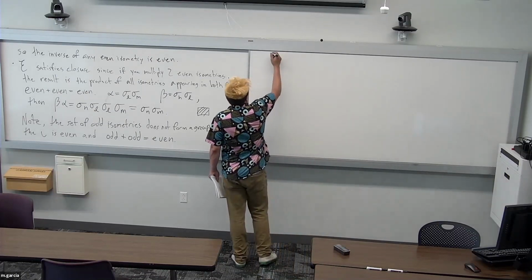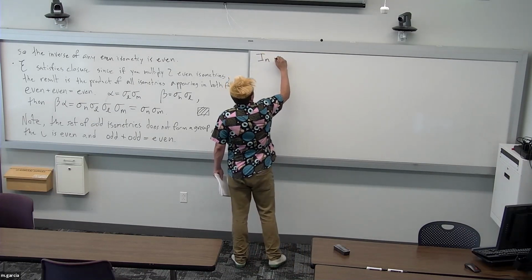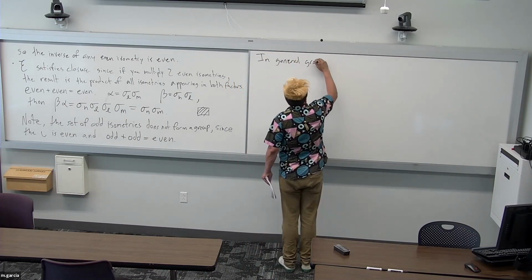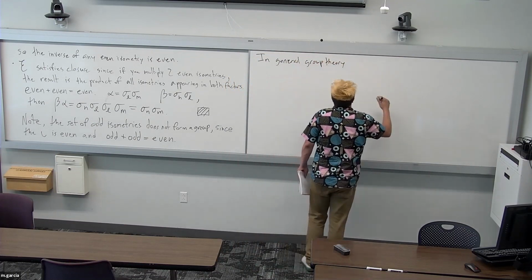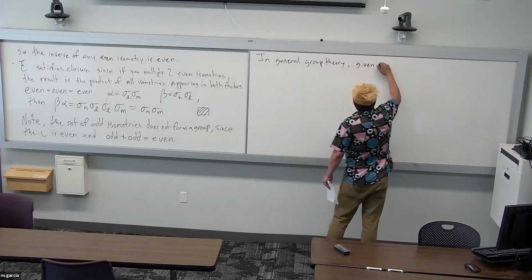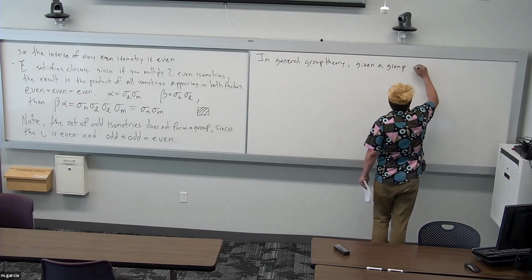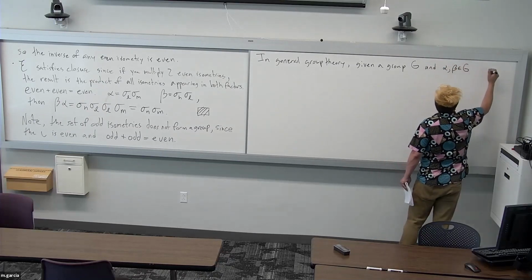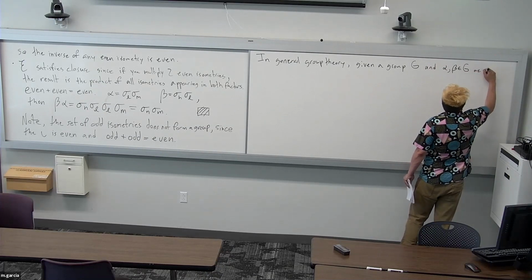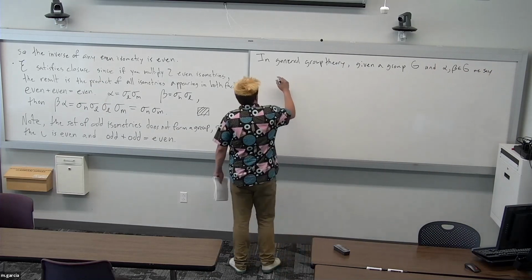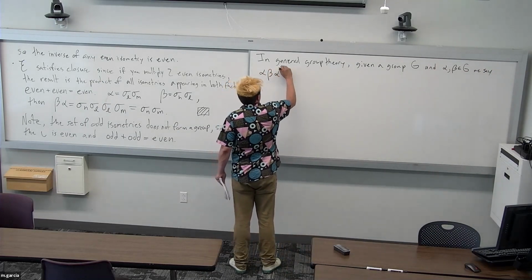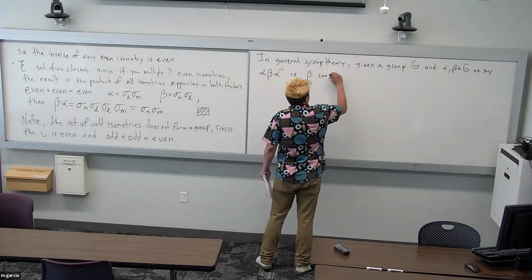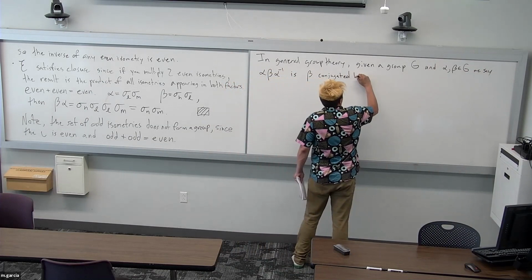So I guess I should say, in general group theory, given a group G and elements alpha and beta in G, we say the element formed by alpha, beta, alpha inverse is beta conjugated by alpha.